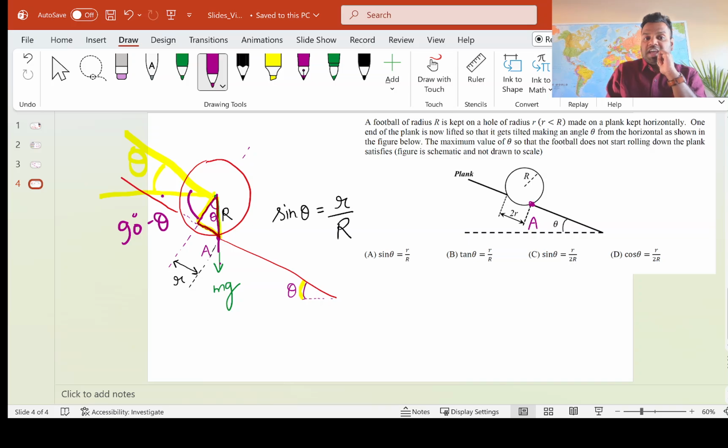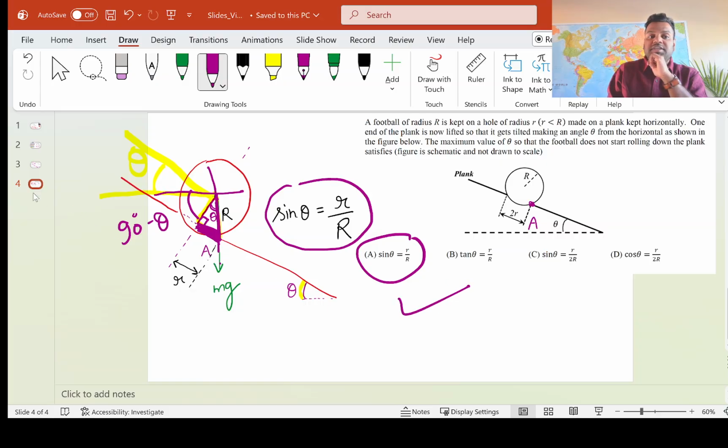These lines are perpendicular, so this will be theta. And in this triangle you will see sine theta is this, which is 90 degrees, the whole radius, lowercase r, divided by the ball radius, capital R. So this option is correct.